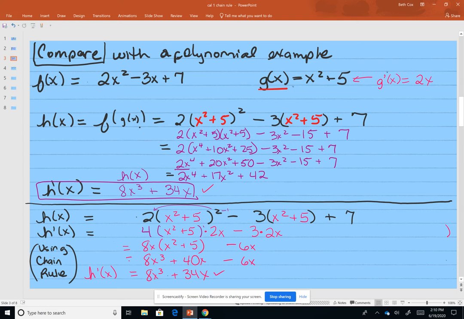You're looking at insides and outsides, and the inside function is the one we want to look out for. You could do the composition and then take the derivative, but sometimes you can't. Remember, polynomials are the easiest functions to deal with. Or you can take the derivative as is and just remember to multiply by the derivative of the inside function.